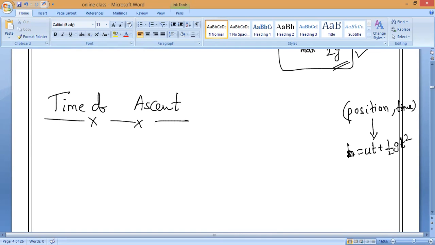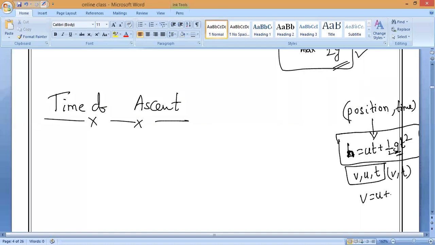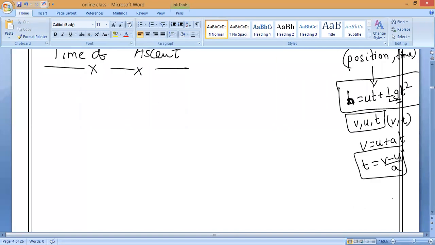We have to take the g value and calculate. If you know initial velocity, final velocity and time, you can use another equation, velocity and time. First equation, v is equal to u plus at, then t is equal to v minus u by a. These are the things we have to do for calculating time.